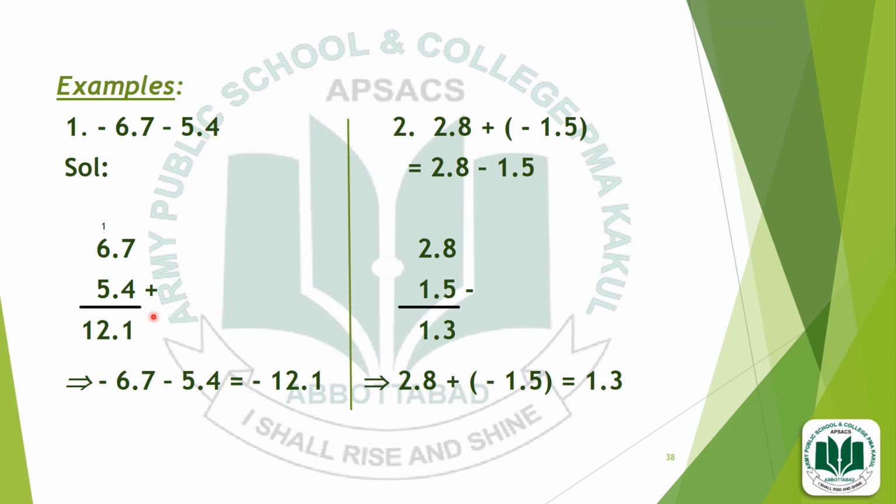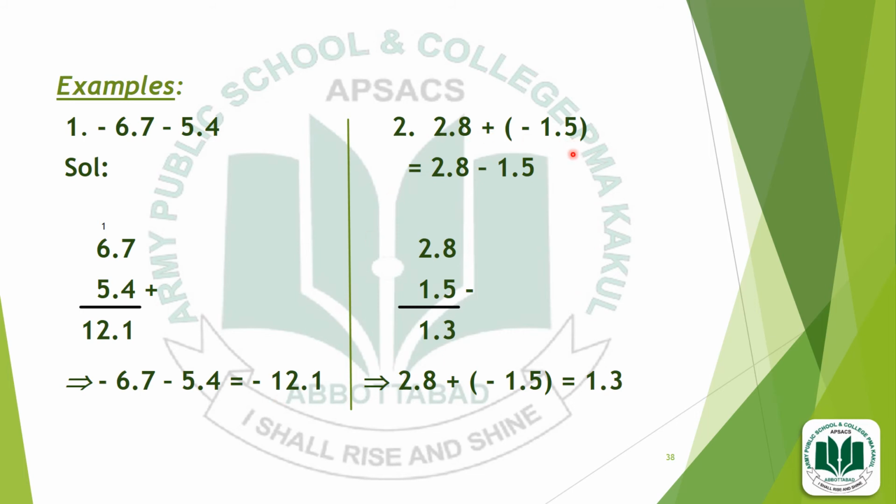Then we will add them as we normally do and put the decimal point before 1 as it is aligned above. And we can see that both the numbers have the same sign, which is negative, so the answer will also have a negative sign with it.